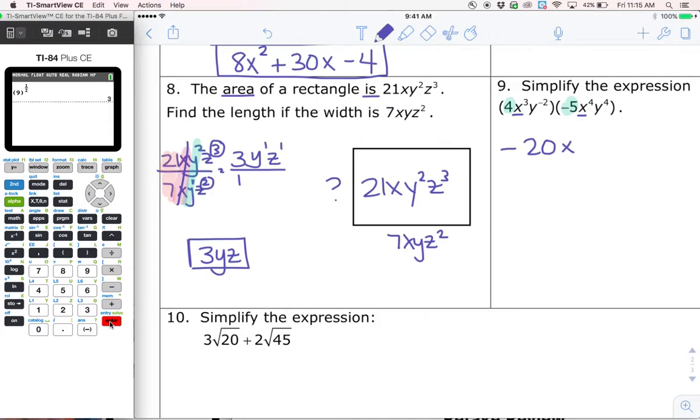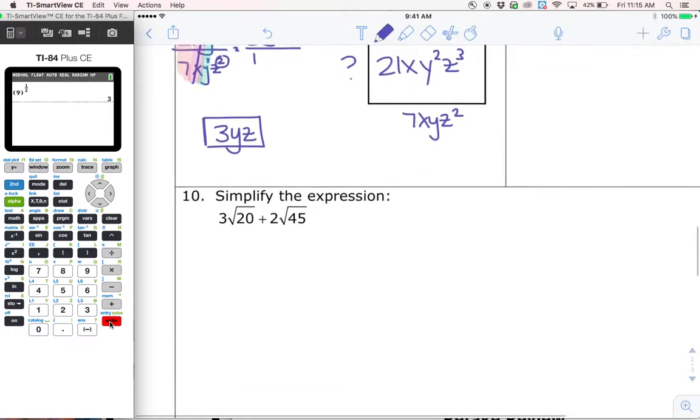We're going to add those exponents and get 7. And now I'm looking at my y's, right? So we've got y and y to the -2 times y to the 4th power. Remember, you're adding the exponents, so you do not get -8. We add -2 plus 4 and we get a +2. And this is my final answer.